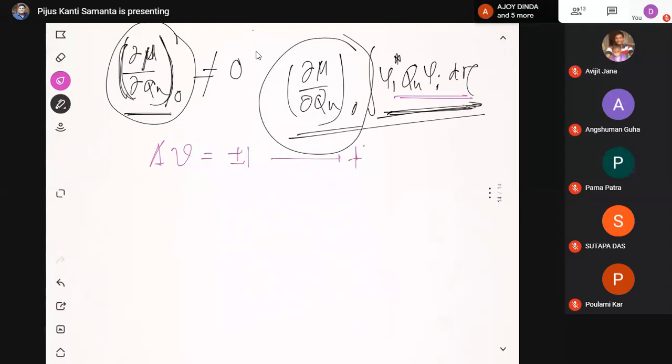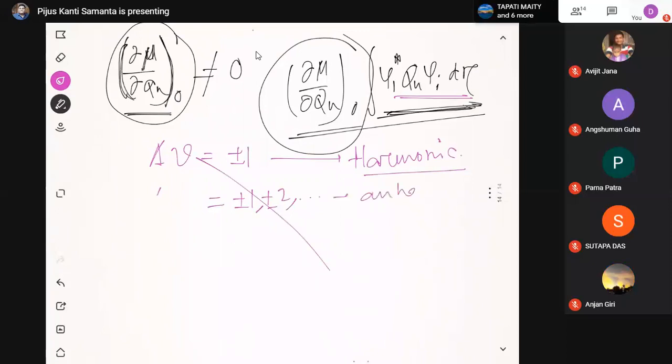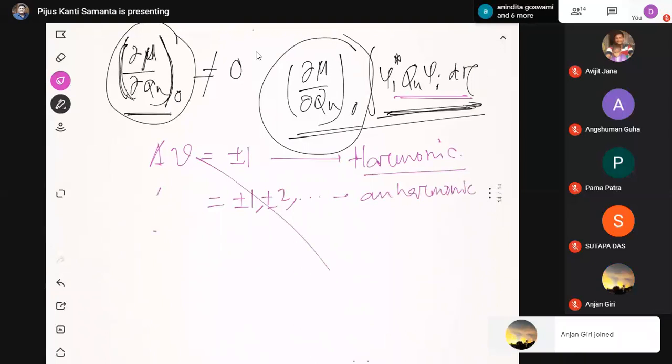If you consider the motion to be harmonic, this delta V change should be plus or minus 1. If it is anharmonic, it can be plus or minus 1, plus or minus 2, and so on. Since we are taking the anharmonic case, we have to consider this.